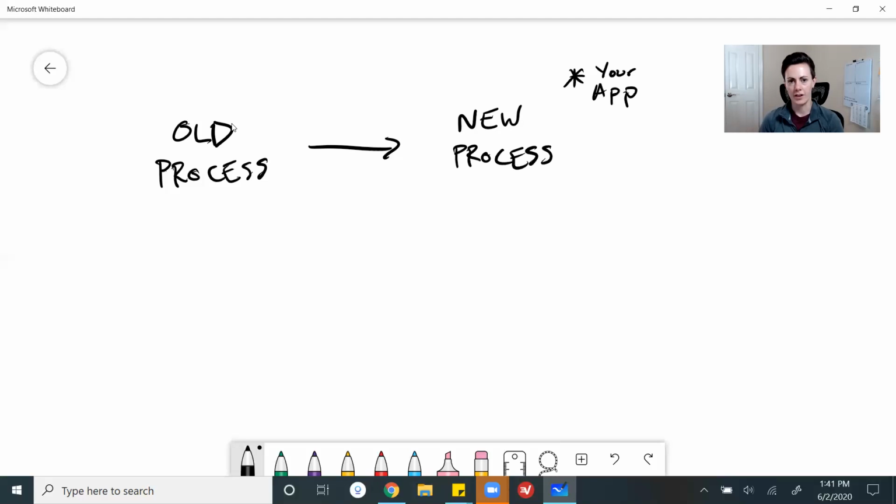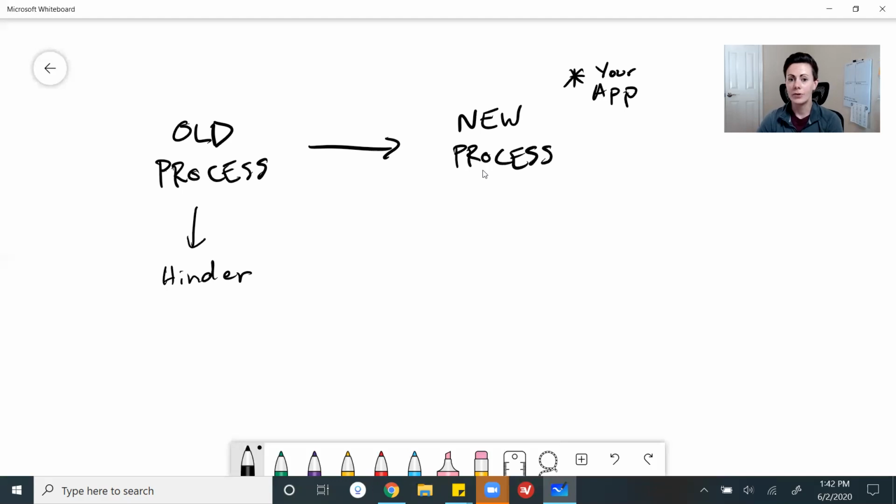So the old process is the current, what will be the old way your target market does things, right? It has problems revolving around it, or problems that stem from this process. And those problems hinder your target market in some way. That's why there needs to be a solution. That's why you're building your app.